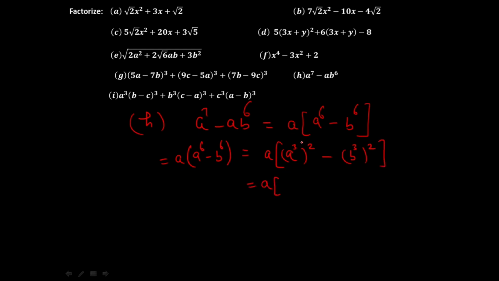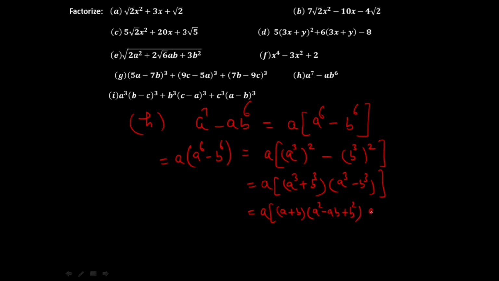A times, now a square minus b square, that will be a plus b, a minus b. Factorize this further. A cube plus b cube is what? A plus b, a square minus ab plus b square.